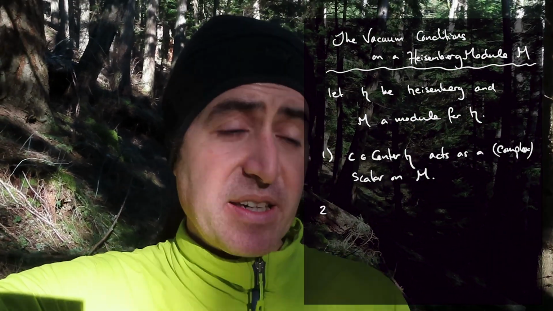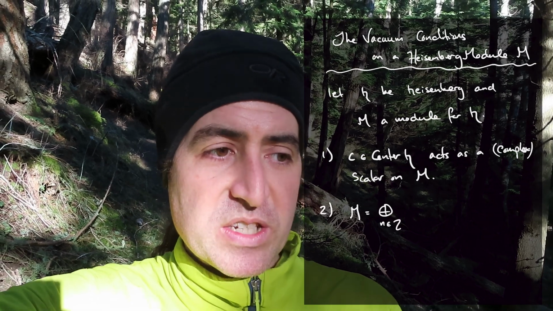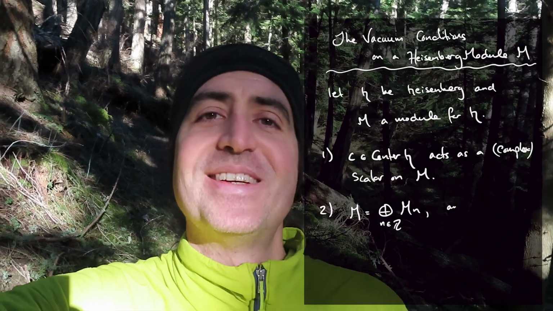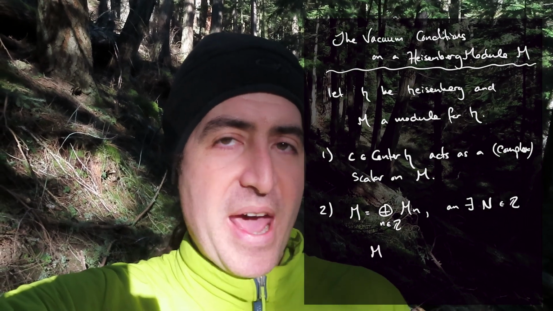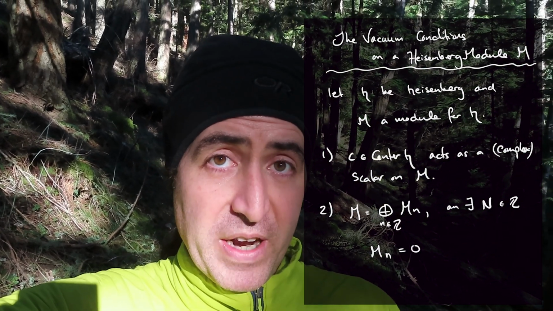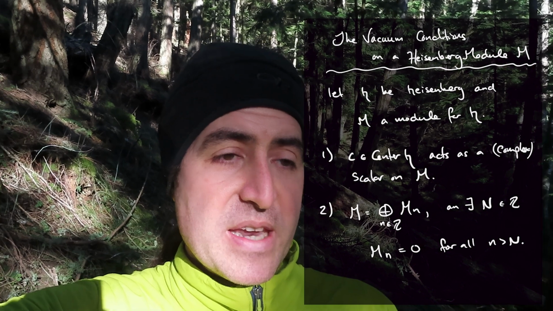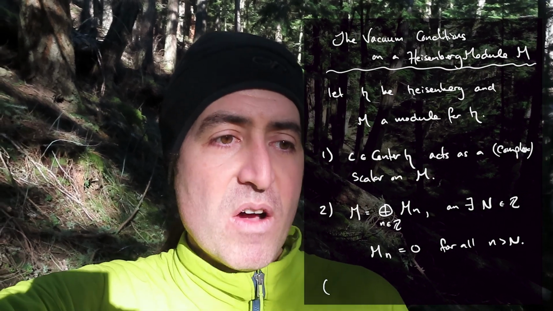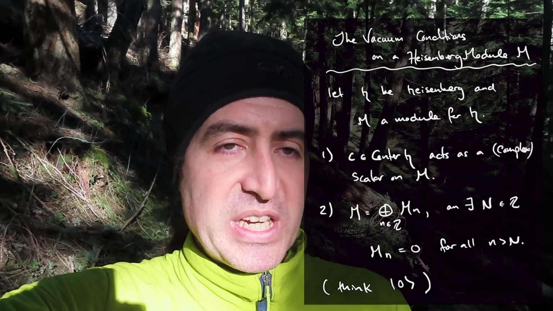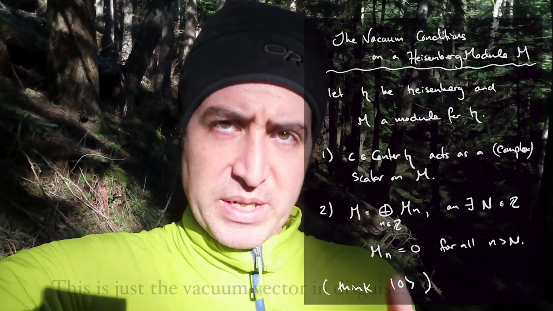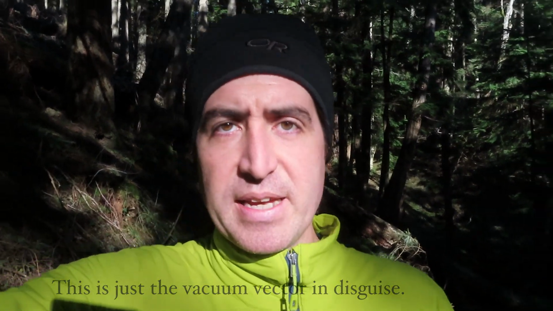The second condition is that there is a subspace of homogeneous degree that is maximal. In the following sense: let the module have an integer grading, then there is some number n for which any subspace of homogeneous degree greater than n is equal to 0. That is to say, it's trivial.